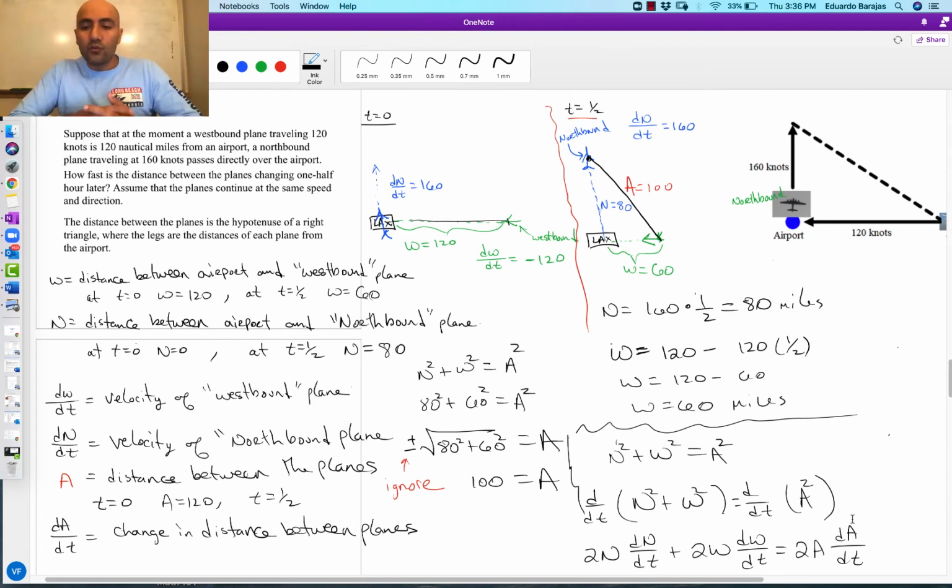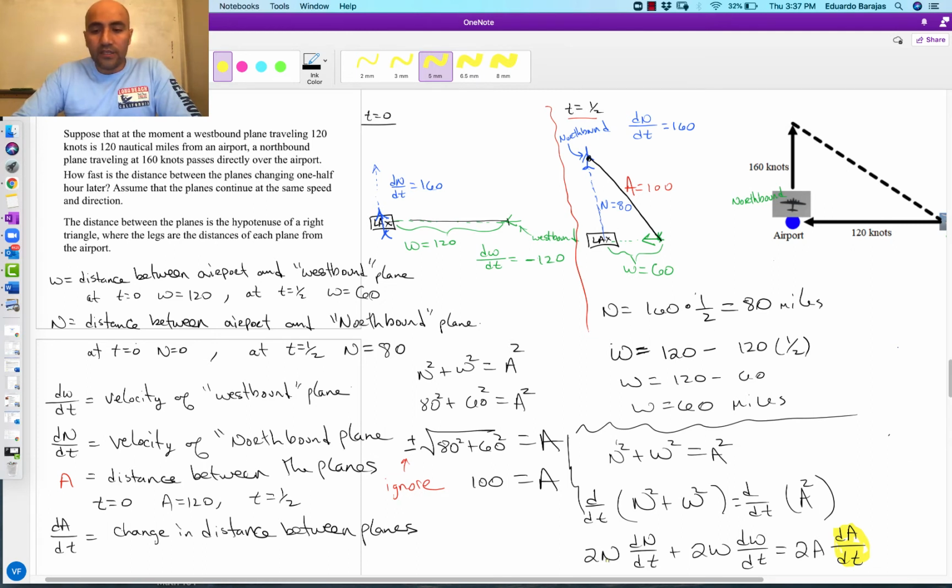So we have a new formula here, and the great thing about this formula is it contains the value of interest, the rate of interest. They asked us about dA/dt, the speed with which the distance between the two planes is changing. So that's the one we want to know. And everything else we have.